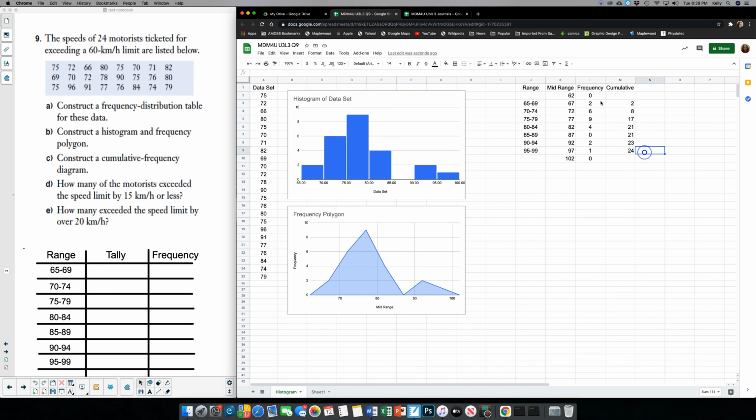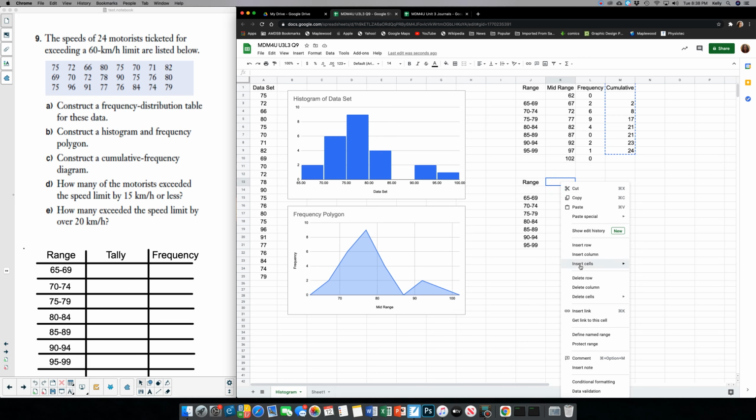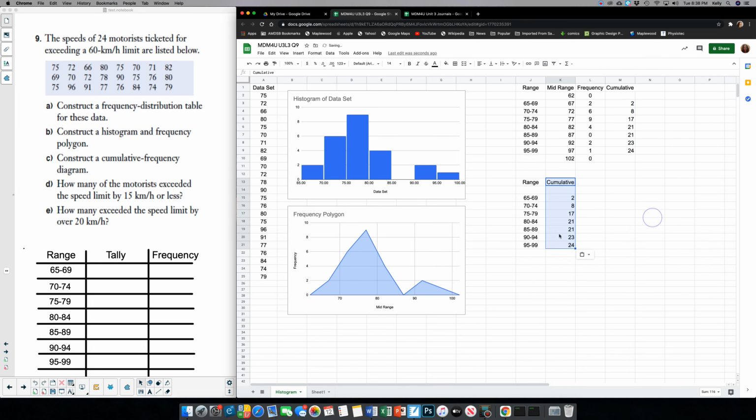So now to make our cumulative frequency, we have to do a separate chart. So I'm going to copy this down to here, and then I'm going to copy this and paste it here, but we have to do paste special because we just want the cells only. I don't want any of the calculations. So we're going to go paste special values only, and that's what it looks like.